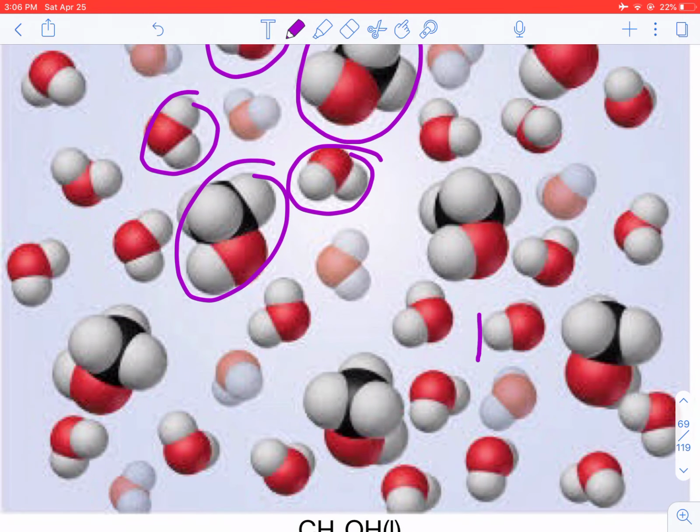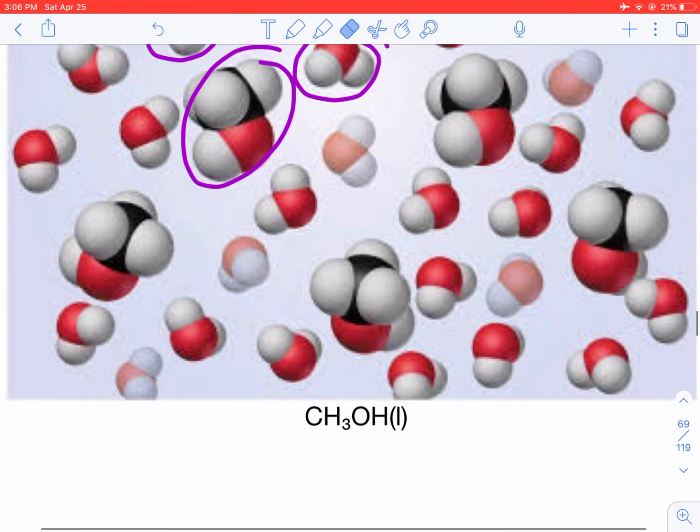The water molecules and methanol molecules are spread out in this particular solution.